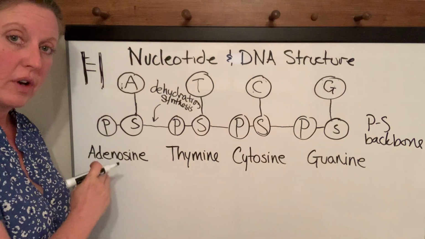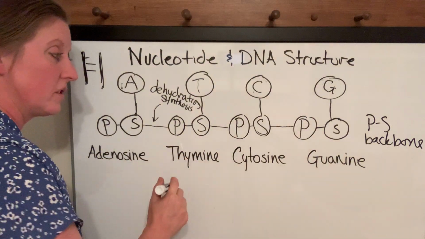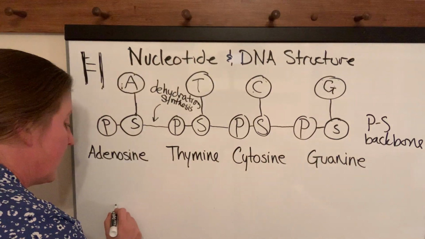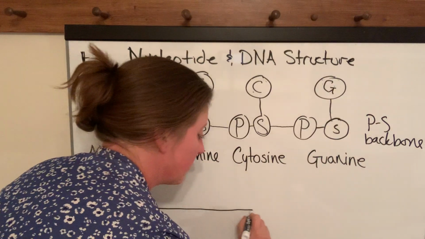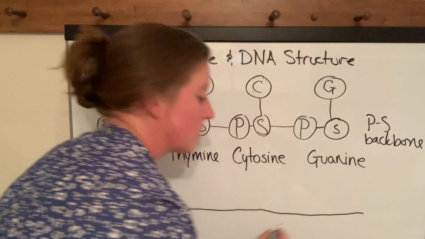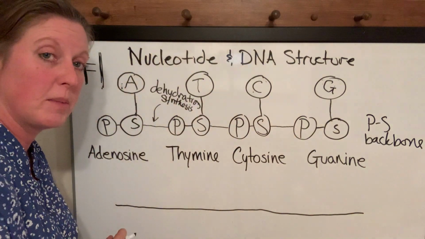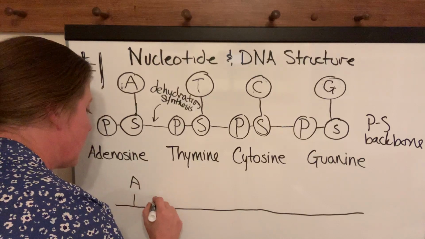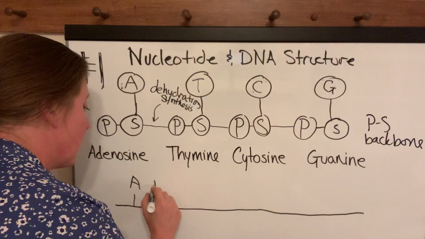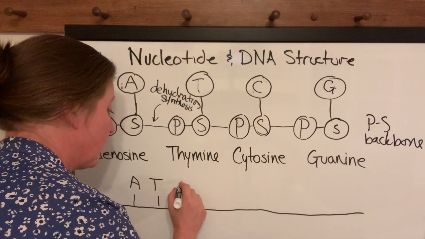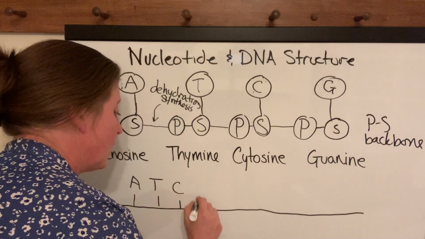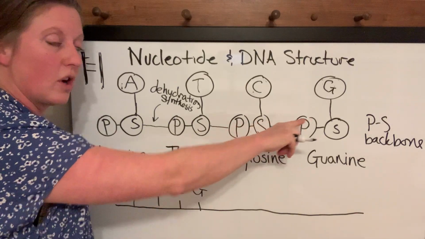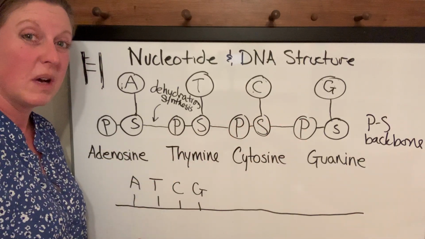And instead of drawing all of the phosphates and sugars and then having to draw the nitrogenous bases, we come up with a simpler way to diagram it, which is just to represent the phosphate sugar backbone as a line, and then to show the nitrogenous bases that are attached to the phosphate sugar backbone. So what I'm drawing down here is the same thing as what I've drawn up here, but much easier to draw.